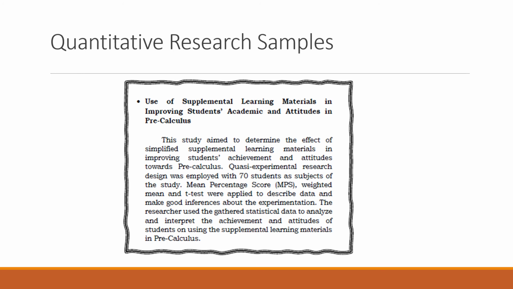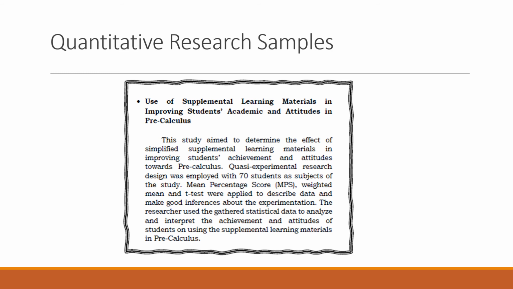Next, the use of supplemental learning materials in improving students' academic achievement and attitudes in pre-calculus. This study aimed to determine the effect of simplified supplemental learning materials in improving students' achievement and attitudes towards pre-calculus. Quasi-experimental research design was employed with 70 students as subjects of the study.